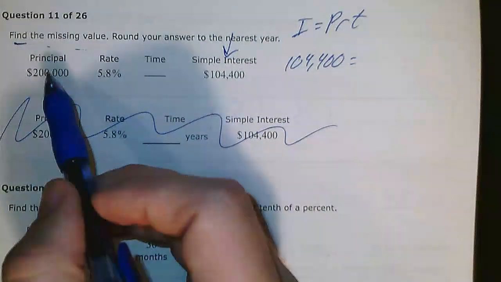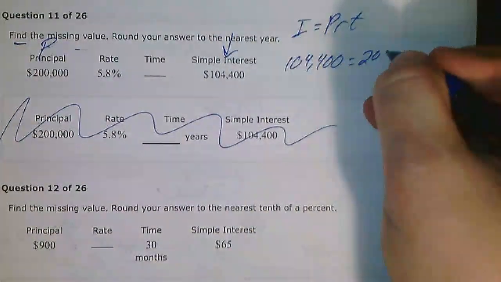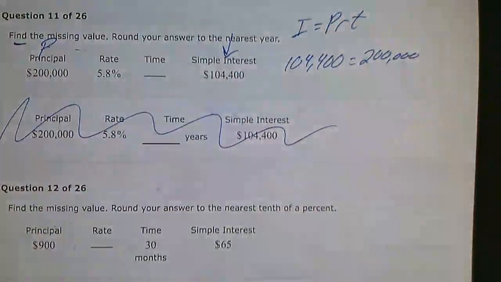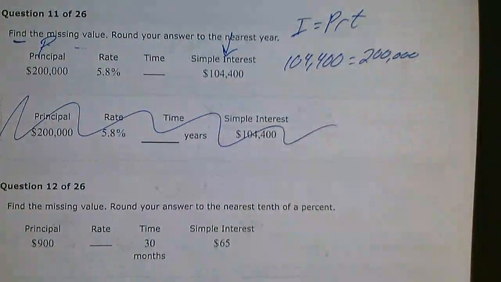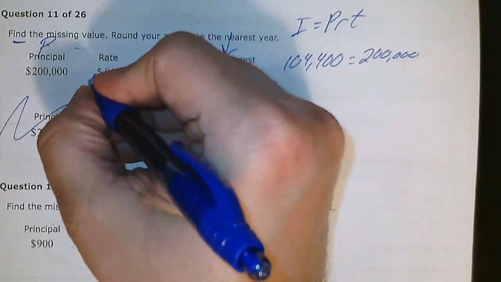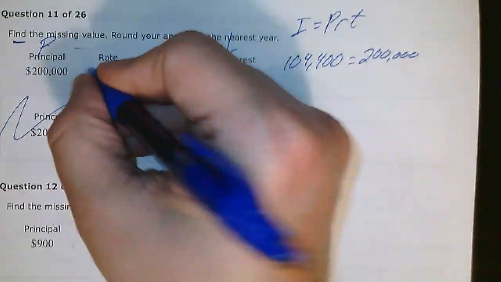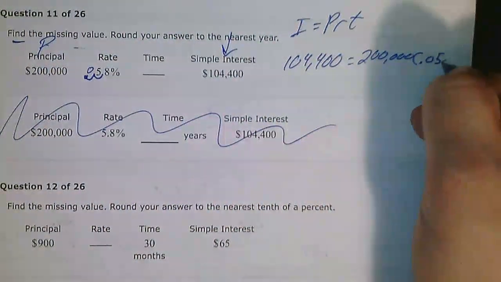We are told that this is the principal, our P, 200,000. We are given our rate, but we are given the rate as a percent. As a decimal, we move the decimal back to the left twice. That is 0.058.